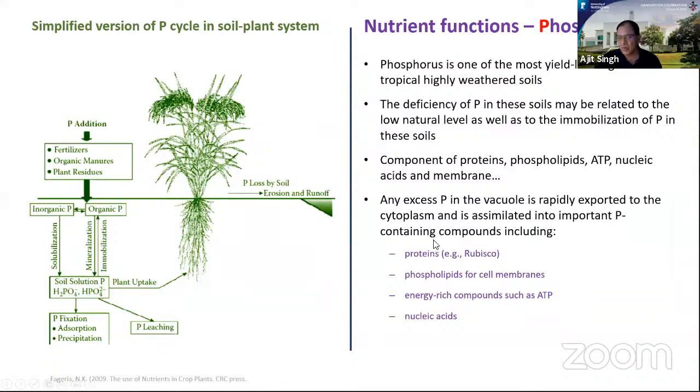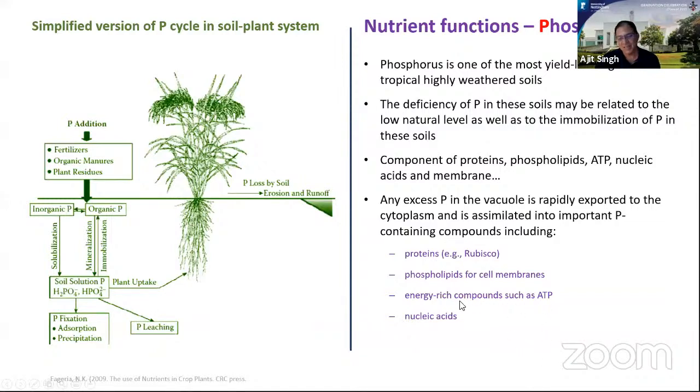So P is very important because it's part of Rubisco, the most abundant and most important compound. It's part of phospholipid. It's part of ATP. You know what ATP is? That's where the energy is stored. ATP, ADP, if you can remember: adenosine triphosphate, adenosine diphosphate. ATP stores energy, and when it releases energy for the growth and development of the plants, it turns into ADP.